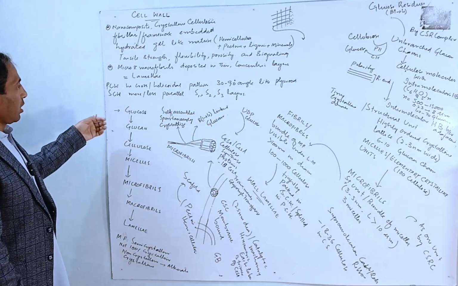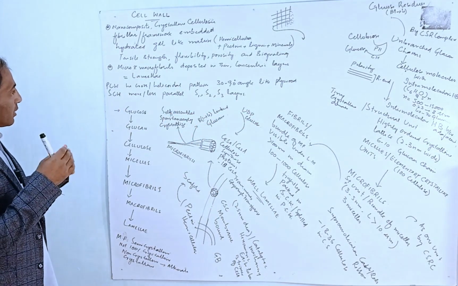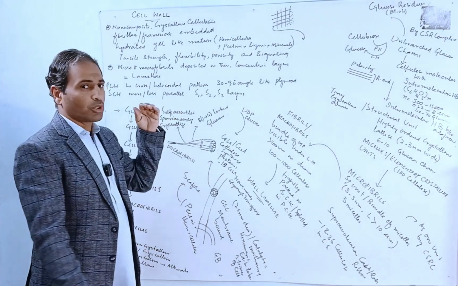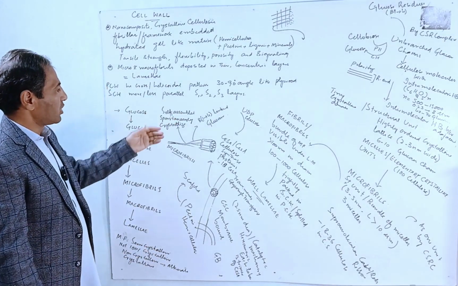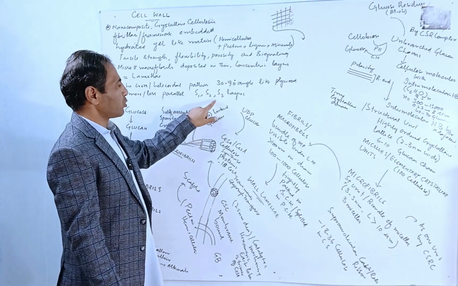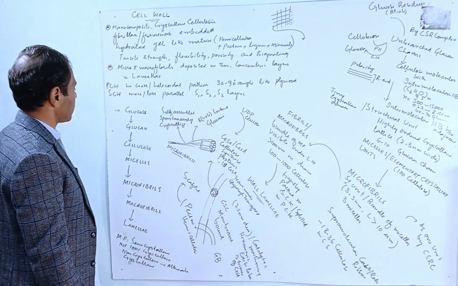In a secondary cell wall, the lamellae are more or less parallel, and they constitute very packed layers like the S1, S2, and S3 layers in the secondary cell wall.